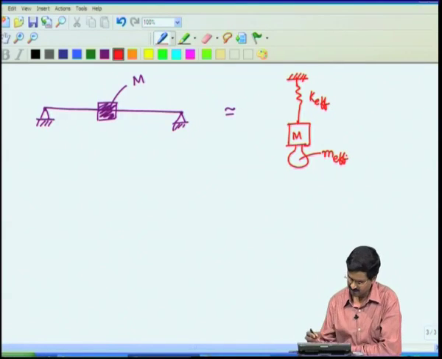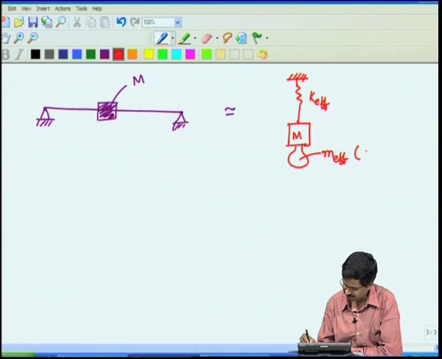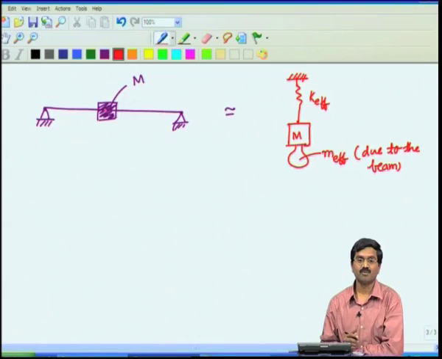That is, this m effective is due to the beam. The beam also has a mass, and m is the mass that we have already.